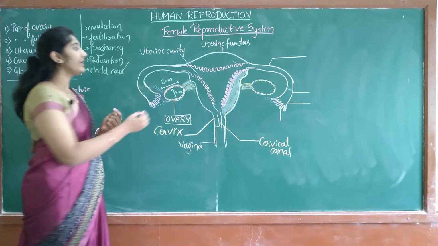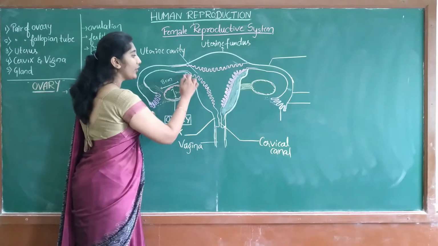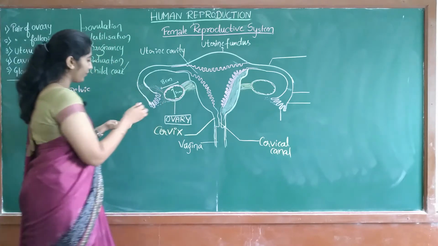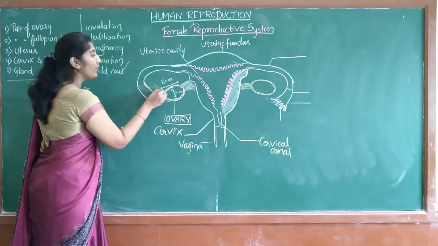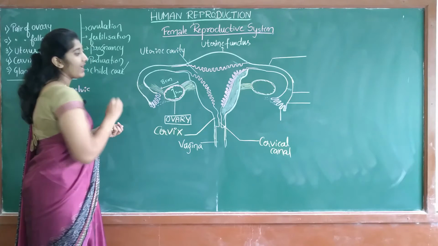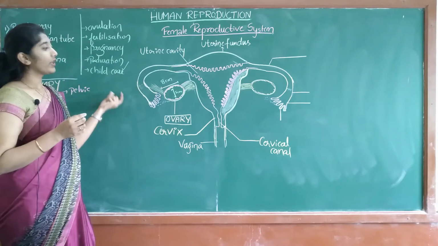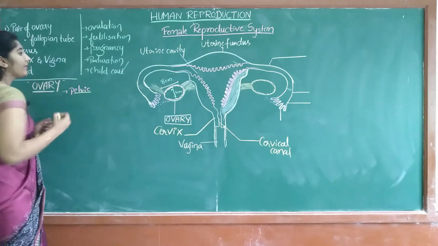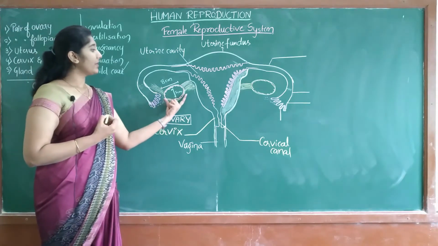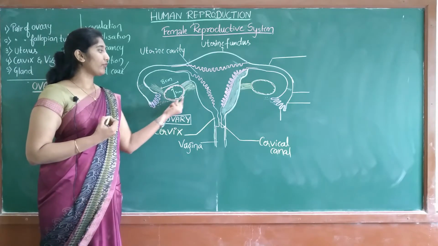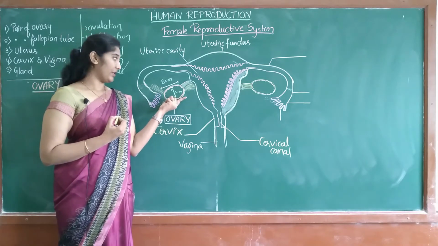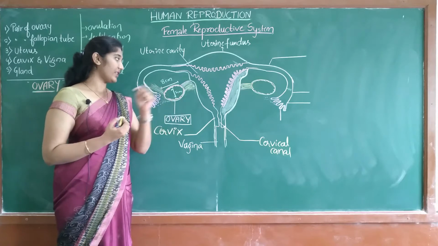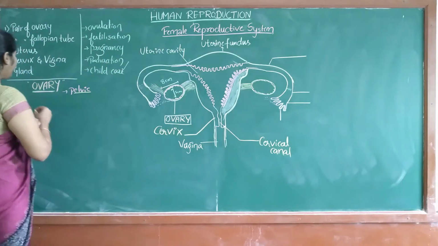On one side, each is attached to the uterine wall or the uterus, and on the other side the ovaries are attached to the body wall or pelvic wall of the body. Now, these are almond shaped. The length is 8 cm and the width is 5 cm.